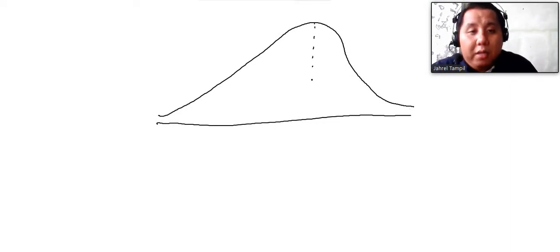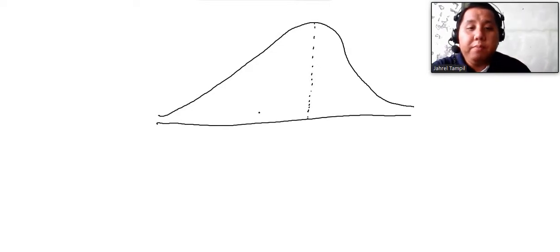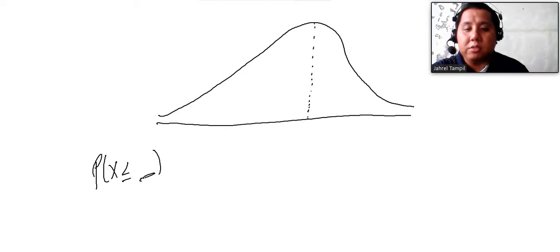Now, as we all know, we're going to use the standard normal distribution, and Excel also uses that so that it would easily compute for the probabilities. Now, most of the time, if not all the time, probabilities concerning the normal distribution would be something like, in symbols, x is less than or equal to a certain value.